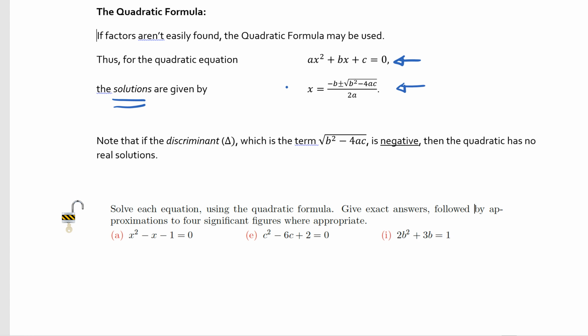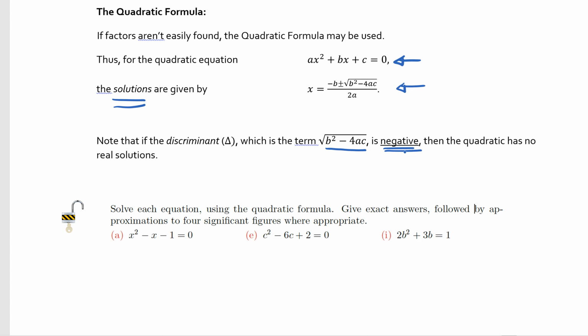We also have a little double check which is sometimes worth using, and we'll do it much more often later in the course. If we think about the bit which is under the square root sign here, the b squared minus 4ac, the discriminant, then if the discriminant is negative, there are no real solutions because we can't take the square root of a negative.